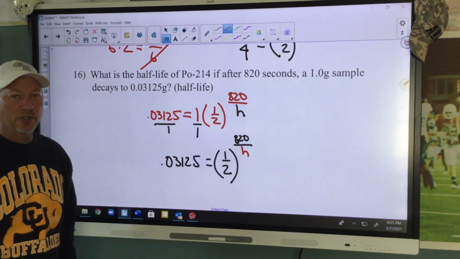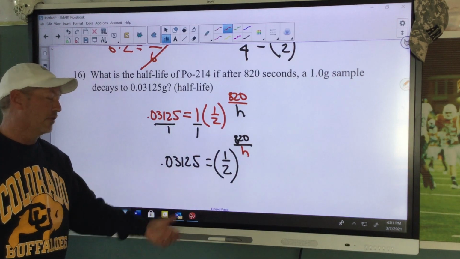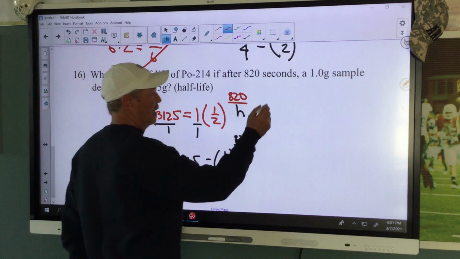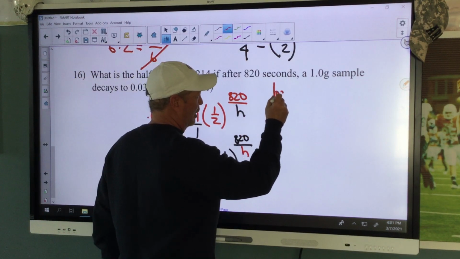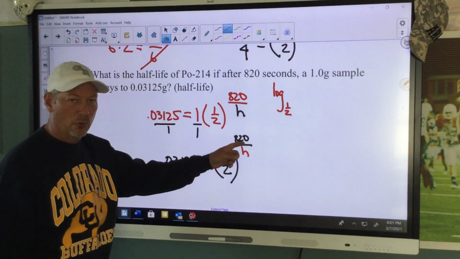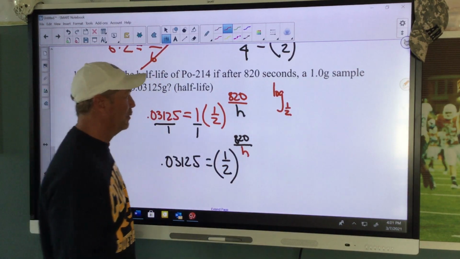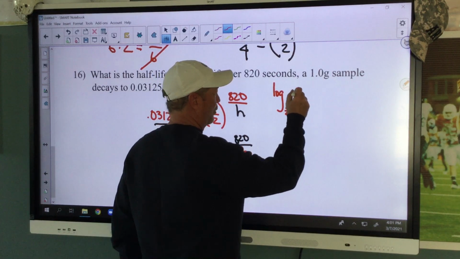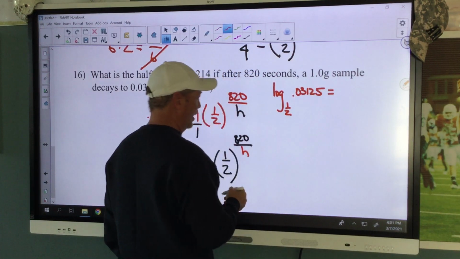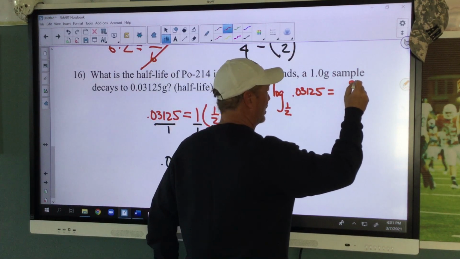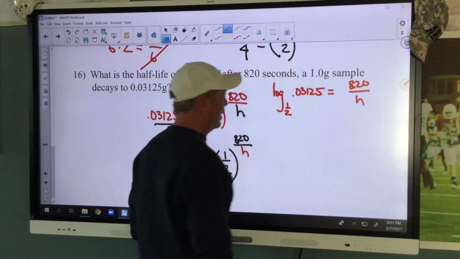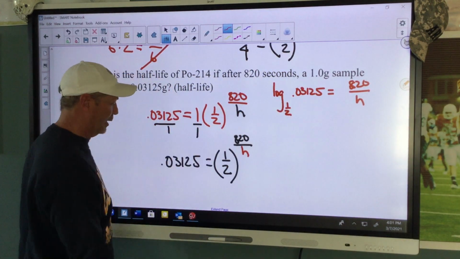So when we have this situation, just like last time, we're going to convert this to a log. My base is 1/2, so we're going to say log base 1/2. Instead of being paired with 820 over H, we're going to be paired to this decimal, 0.03125, and that's going to equal 820 over H. Okay, so let's put this in our calculator to find out what we get.